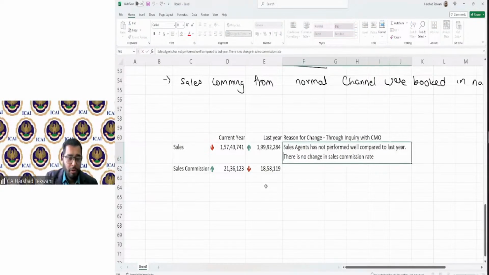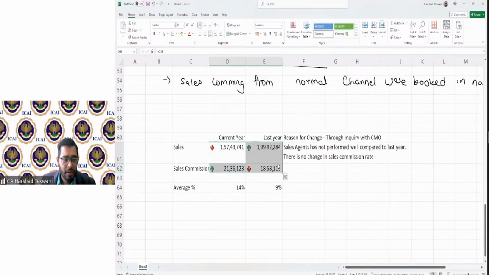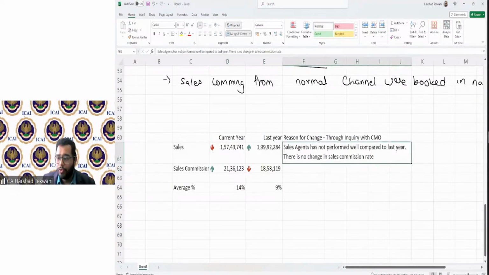If I talk about the average, the commission percentage on sales has increased from 9 to 14. This is based on the data that you have received, while the other is based on the inquiry through the CMO, the Chief Marketing Officer.